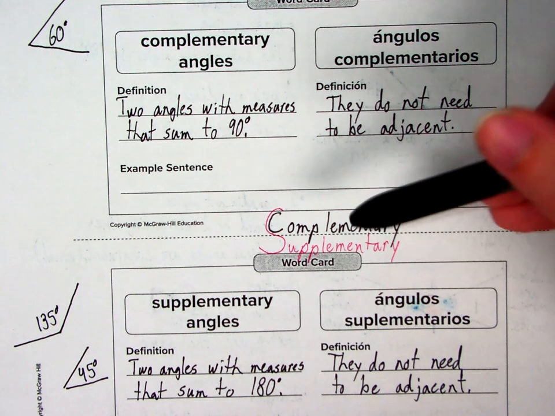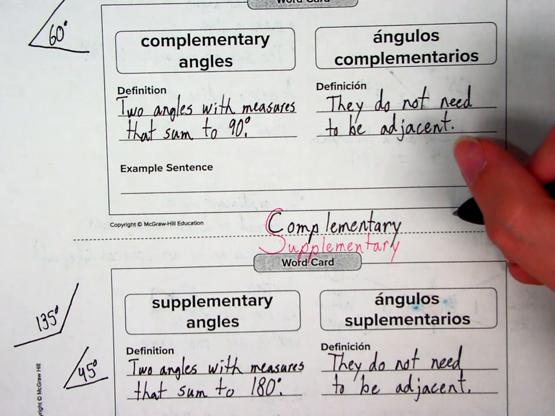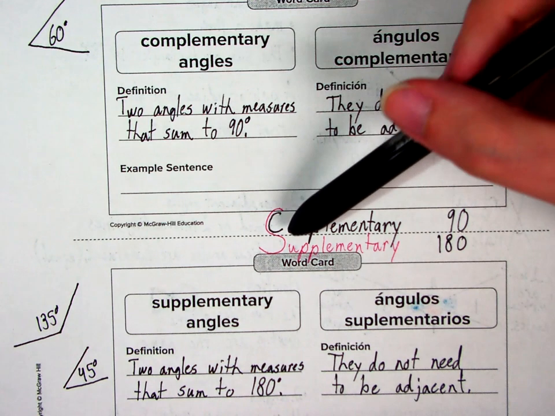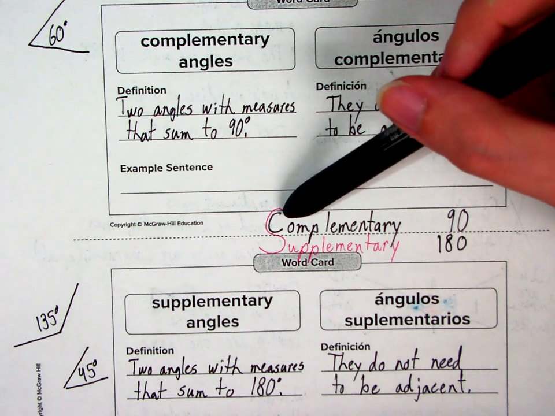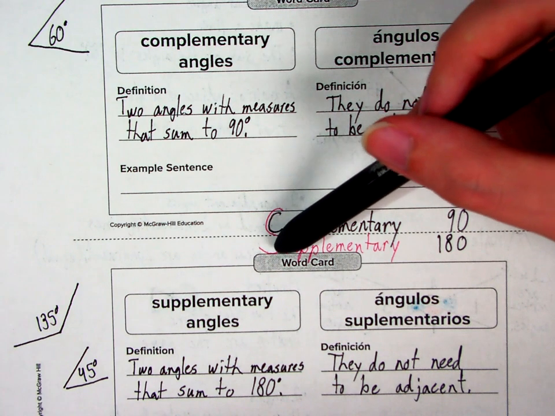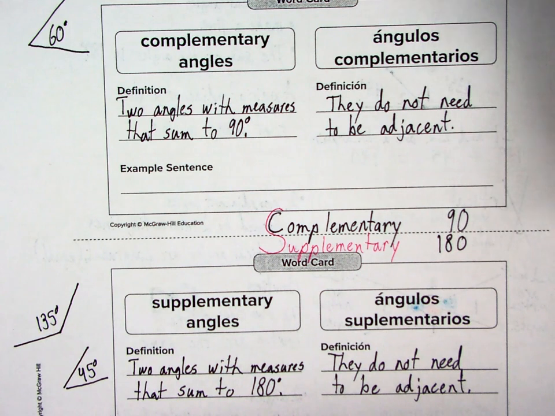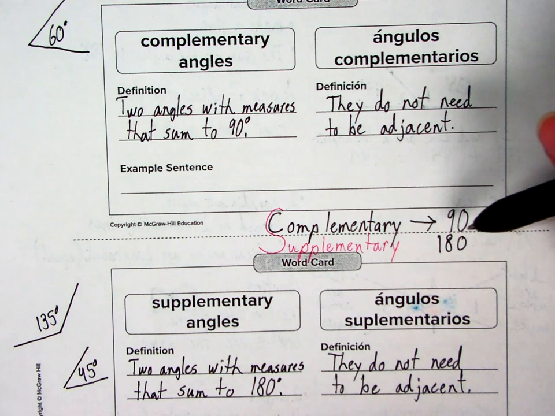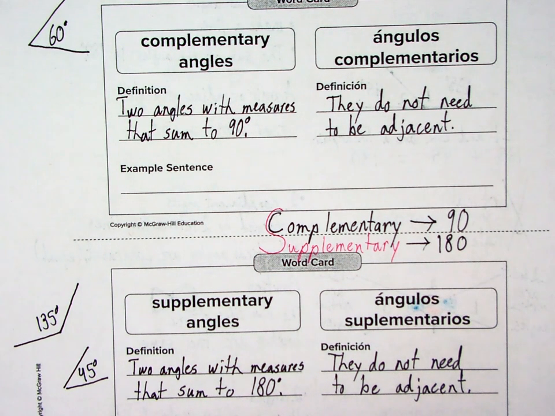If I could remember the words complementary and supplementary, and I could remember the numbers 90 and 180, I could remember the complementary angle was half of the supplementary. I could remember that 90 is half of 180. Our complementary is 90 because it's half of our supplementary, the S, half of 180. Those were the key vocab terms from this week.